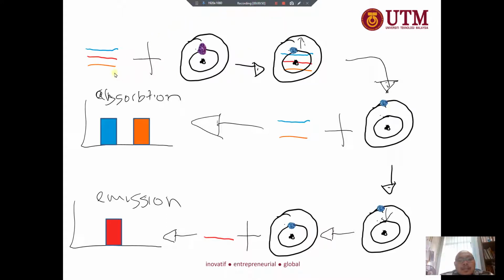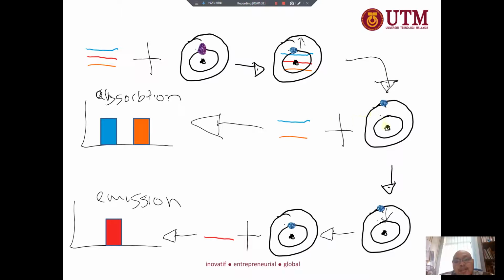Okay, then after it interacts with the analyte of interest, not all the frequencies will be absorbed by the analyte of interest. Only a certain frequency will be absorbed. For example here, let's say in this matter, our analyte only absorbs the red one. So after absorbing the red frequency of UV, the electron here will move to the outer orbital.